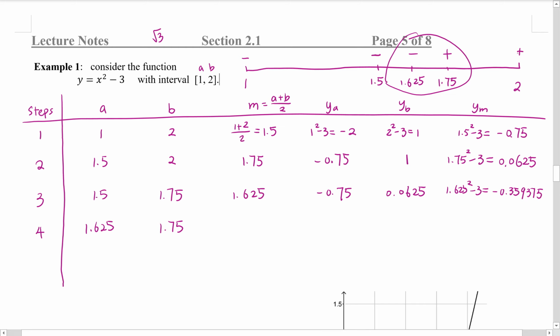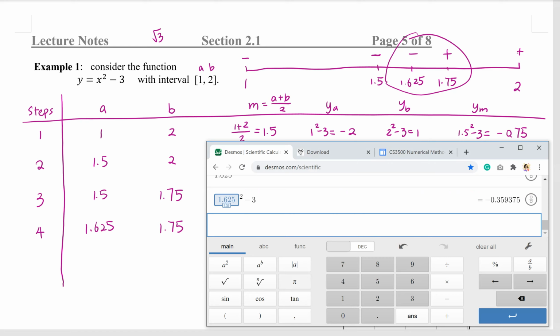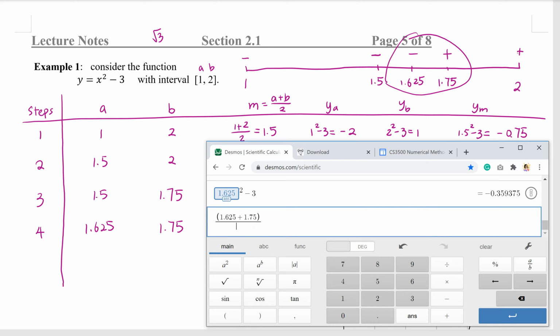And then the midpoint. What is the midpoint? Let me use our calculator: parentheses, 1.625 plus 1.75, close parentheses, divided by 2.